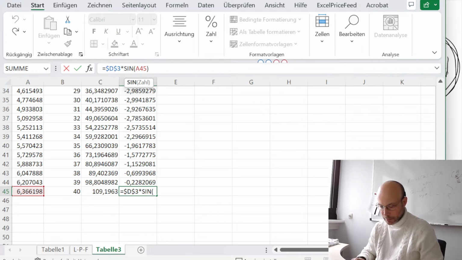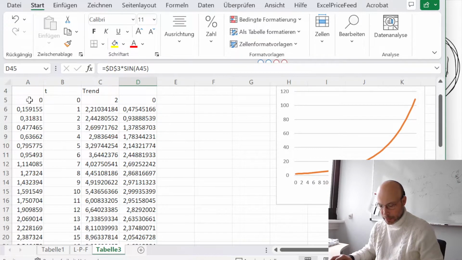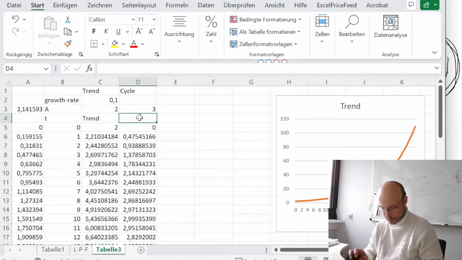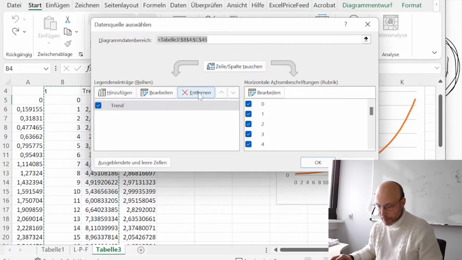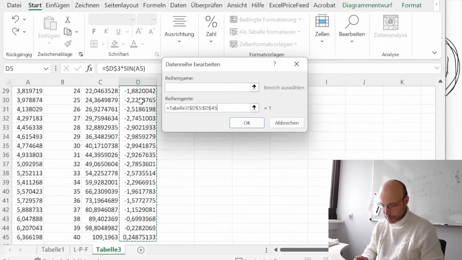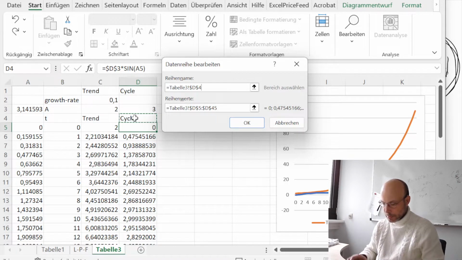And let's put this time also in here. So this would be the cycle data, and the name is cycle.